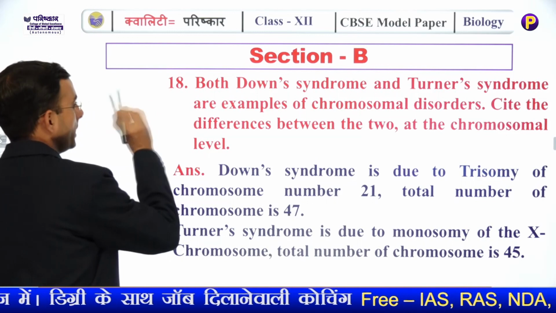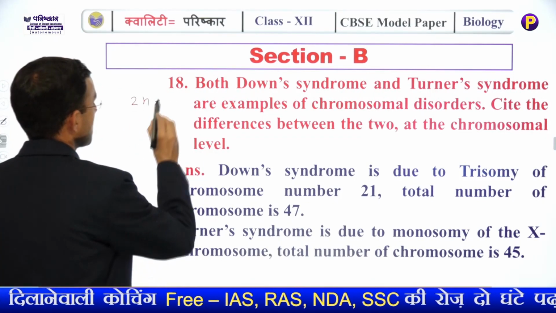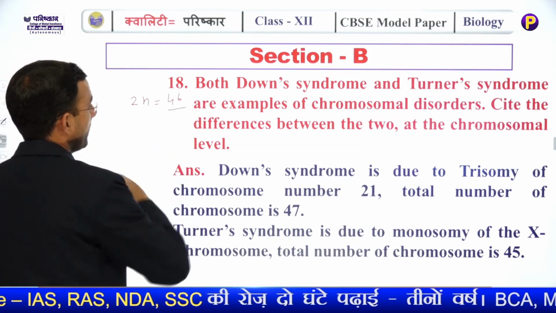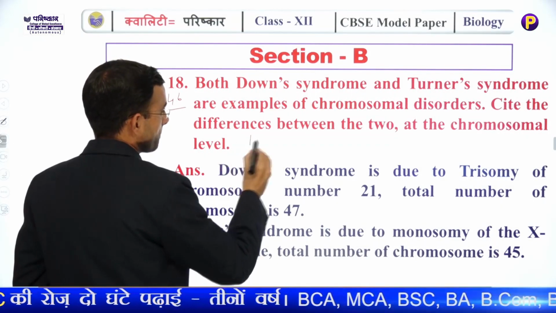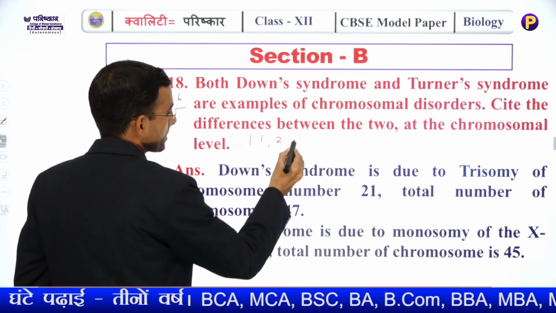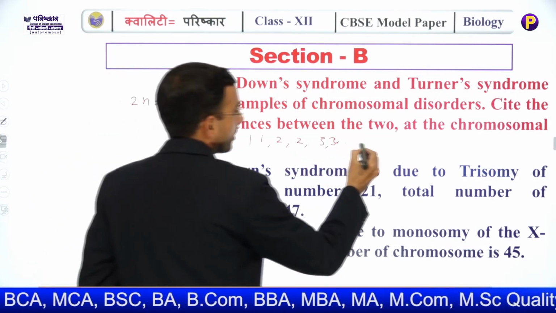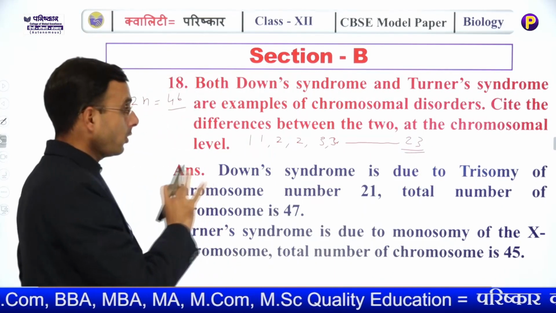21. So in a normal cell, the cell is 2n, and when the cell is 2n, that means there are 46 chromosomes, and in that 46, chromosome 1 is present twice, 2 is present twice, 3 is present twice, and so on. There are 23 pairs.